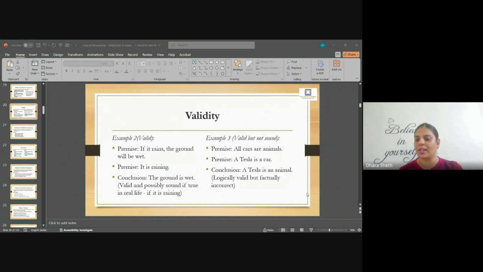For someone who asked for an example of an invalid argument, think of it. All cars are animals. My dog is an animal, but does that really mean my dog has to be a car? No. It's like saying Dhara is a teacher. Her husband is a teacher. So most probably their parents are also teachers.